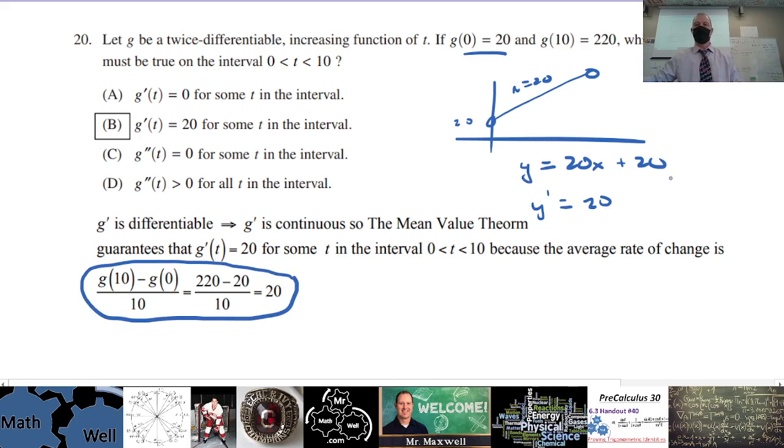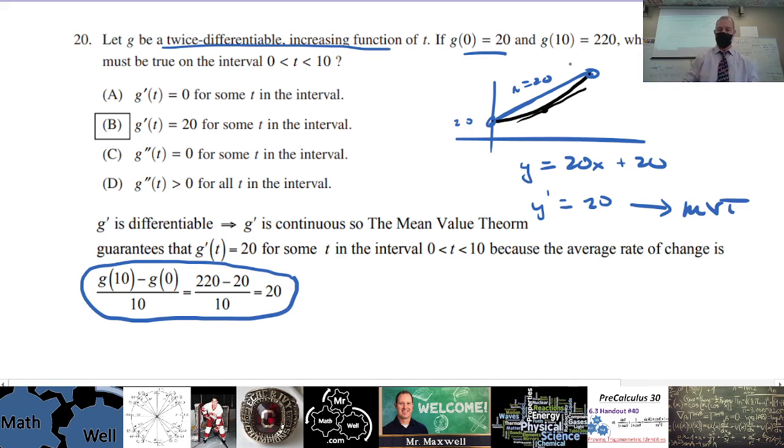If that's the way your brain works and that's what you want to do, that's great. So that means that the slope of the secant line is 20. You would still have to move from there to MVT. Because it's continuous and it's differentiable, MVT would give us some point on the graph where this would also have a tangent line of 20. So that's a good way of thinking about it as well.